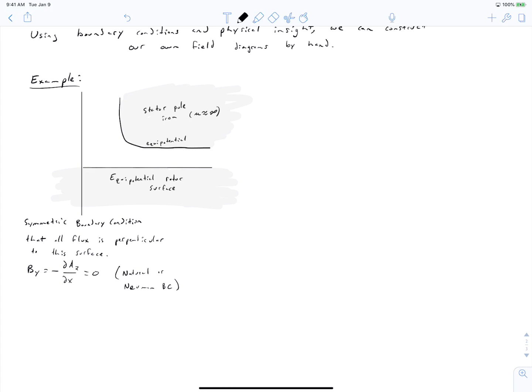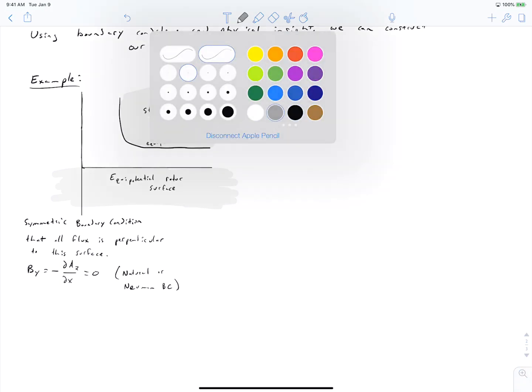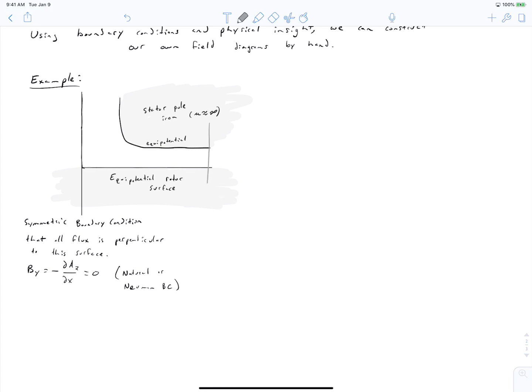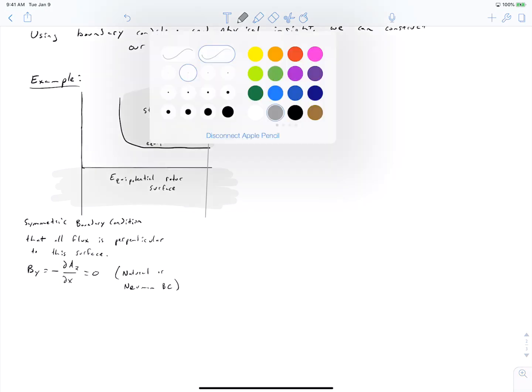We extend the rotor equipotential to go now vertical. And then over on the other side, we're again given some information based on physical insight of our system, and that is that we have flux being parallel to the surface. So this is again a natural boundary condition, and it's a condition on the derivative of A.